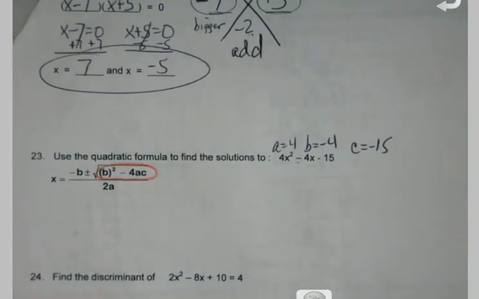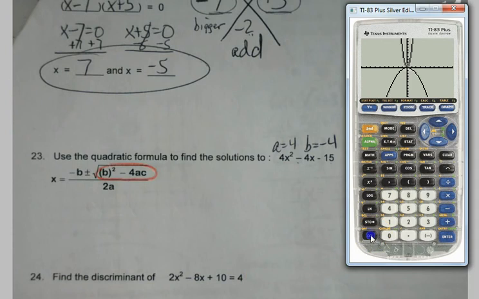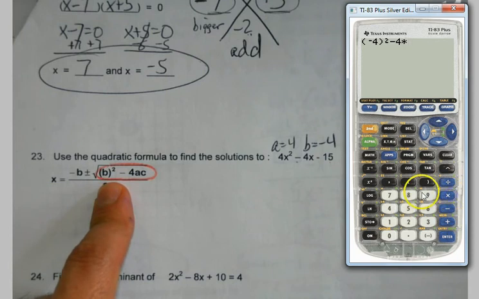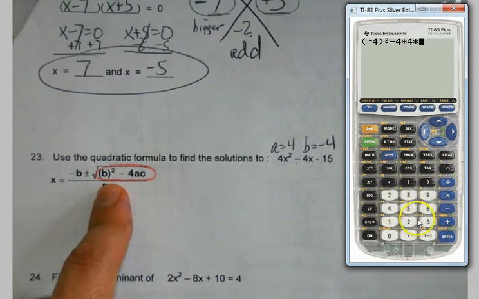We talked about doing this part first, then I can deal with all the other junk. So I've got, in parentheses, just like it is there, b squared minus 4 times a times c, which is negative 15.